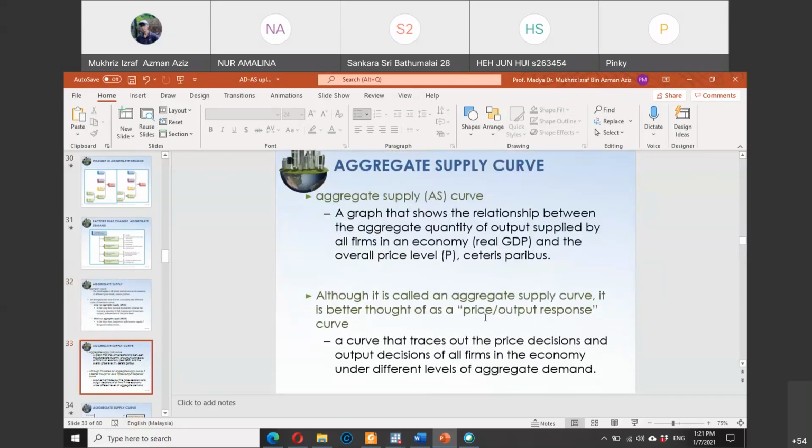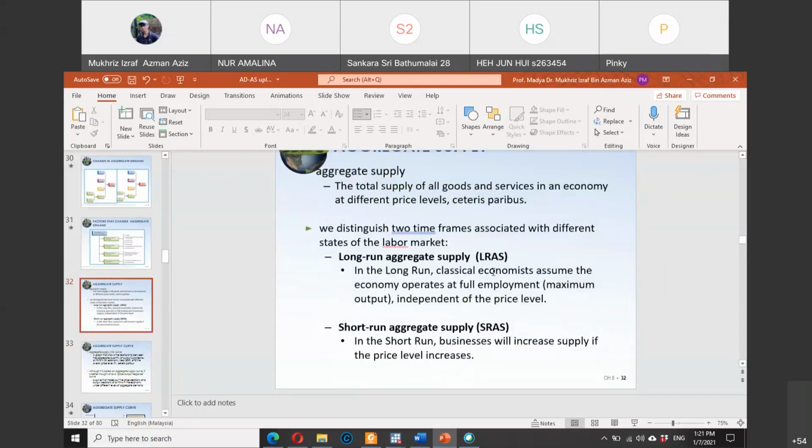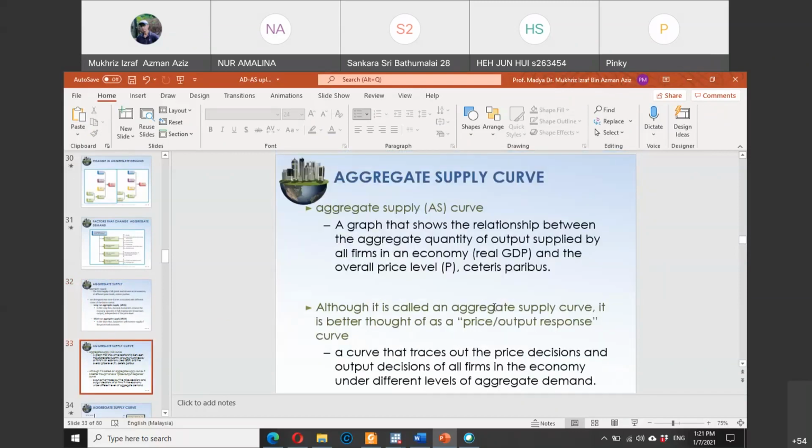So here we have two parts, long run and short run. What is the supply curve? Just like the aggregate demand curve shows the relationship between GDP and the price level, the supply curve shows the output supplied by all firms, because we are considering the whole country, not just one company, and the overall price level.